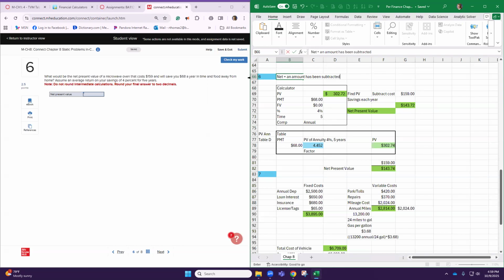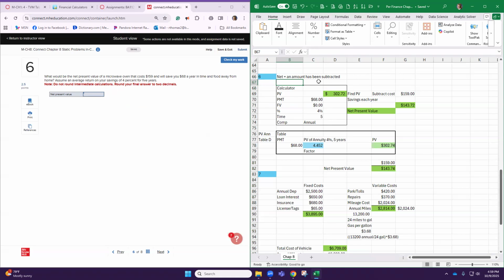Okay, so assume what would be the net present value of a microwave oven that costs $159. But by having that, you can save $68 a year in time and food away from home. Okay, so what we want to do is we want to calculate the net present value of the savings.